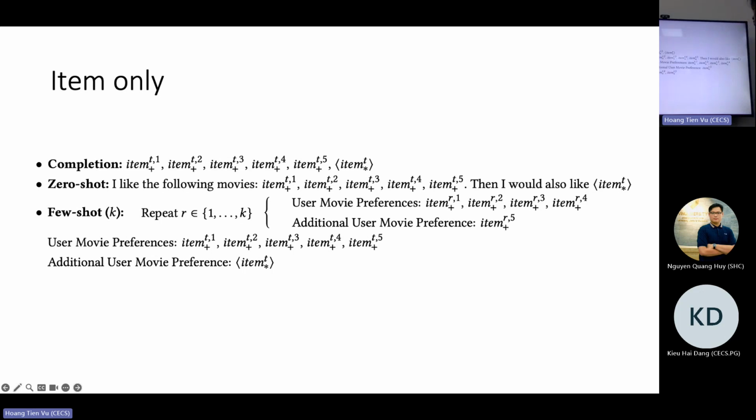Maybe about the kind of input. Actually in few shot we have some repeat, some loop. In this case we use the preference of items. For example, the movie preference is natural language, a sentence describing what the user likes about that item.